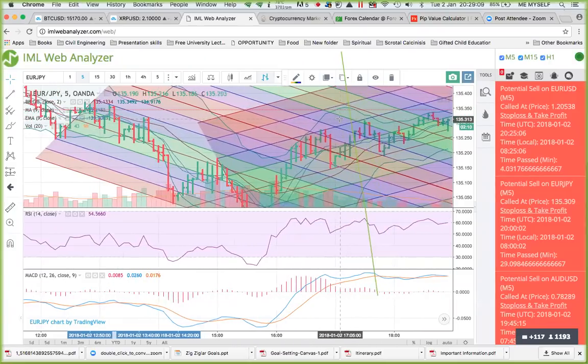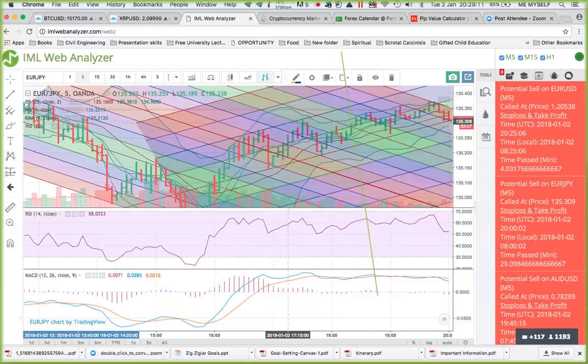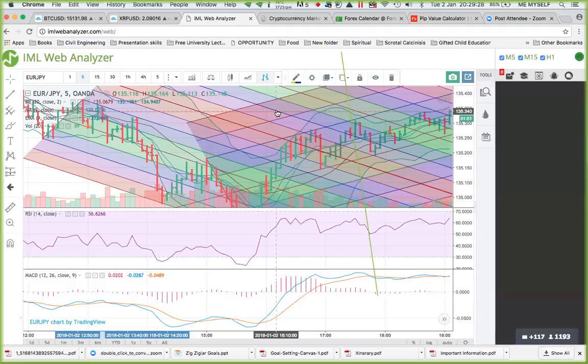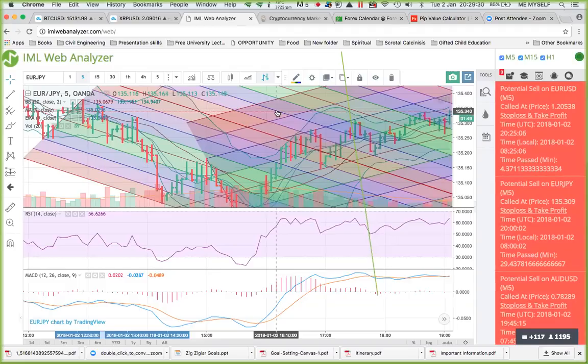The Pitchfork course is quite intense in terms of being able to understand it. It is a bit more advanced, but when you do get to understand it and understand the power, you would see the real benefits of being able to learn this Pitchfork method.